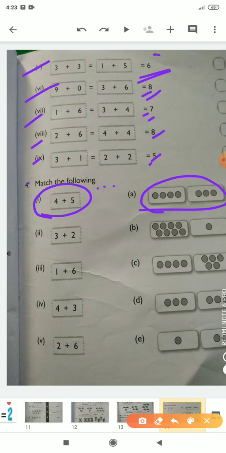So 1 2 3 4, 1 2 3 4 5. If we count these two numbers, what do we get? 9. So let's check where the number 9 is in the given balls. 1 2 3 4 5 6 7. No. 1 2 3 4 5 6 7 8 9. Yes. So here we have to join it.